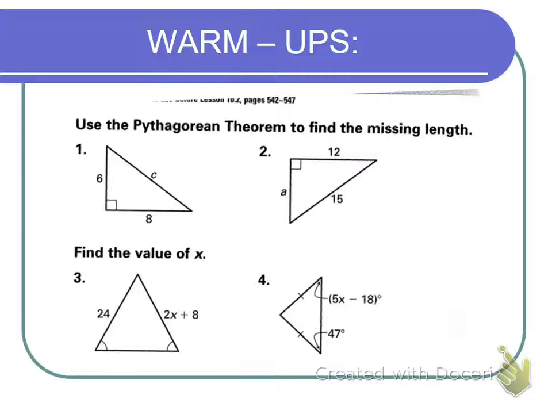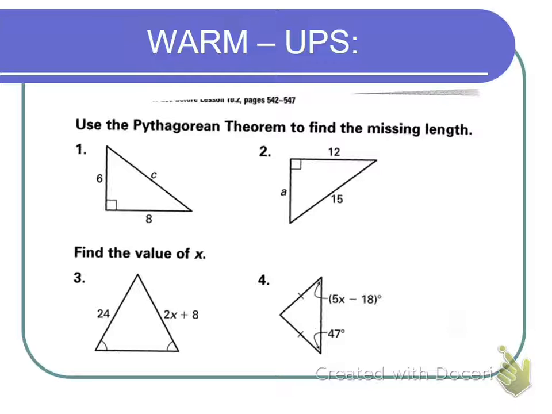For our warm-ups, we are using the Pythagorean theorem to find a missing side length on numbers 1 and 2. On 3 and 4, we're finding the value of x using the property of isosceles triangles. I'll give you a couple minutes to try 1 and 2 at least on your own.